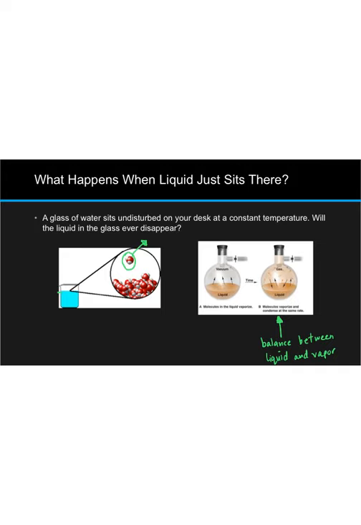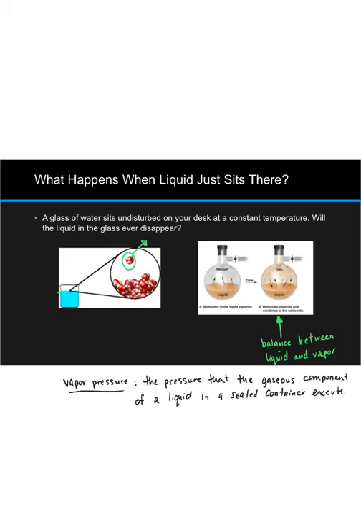This balance that's reached, however, is important because once that balance is established between liquid particles and vapor particles, we can measure the pressure of that vapor. Vapor pressure is a measure of the pressure that's exerted by a liquid's vapors in a sealed container once this balance or equilibrium has been established.